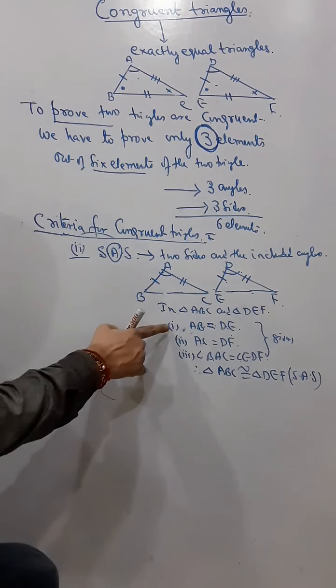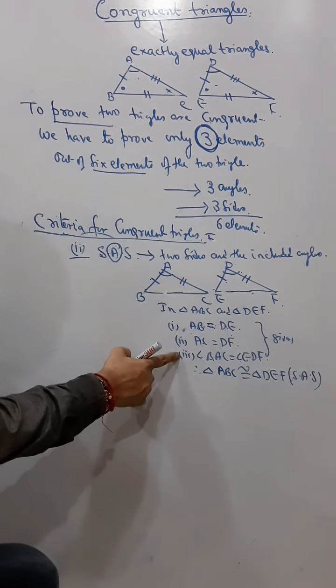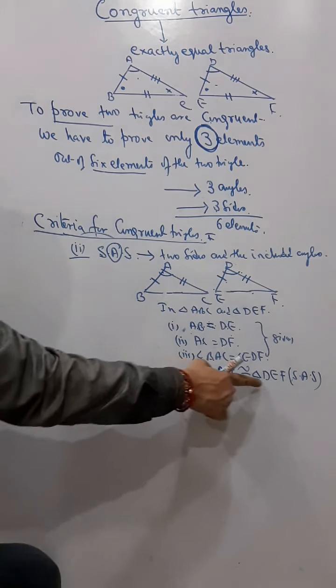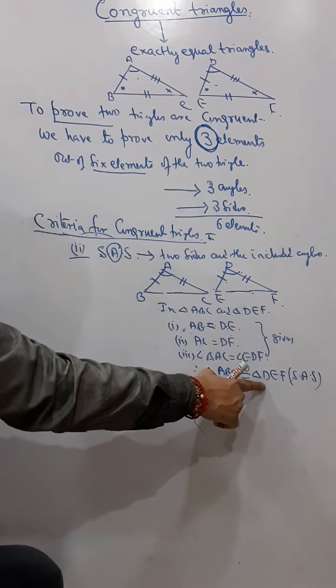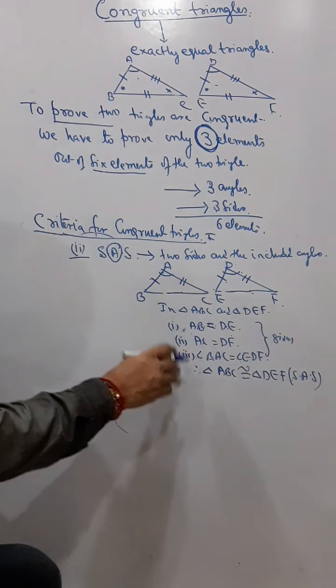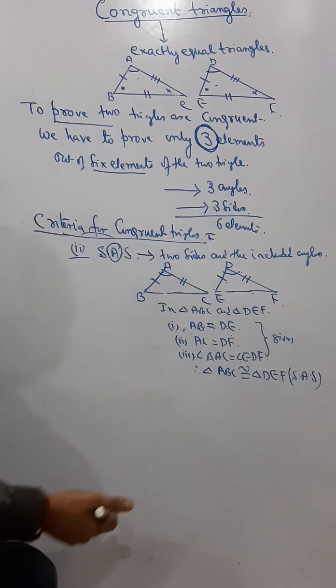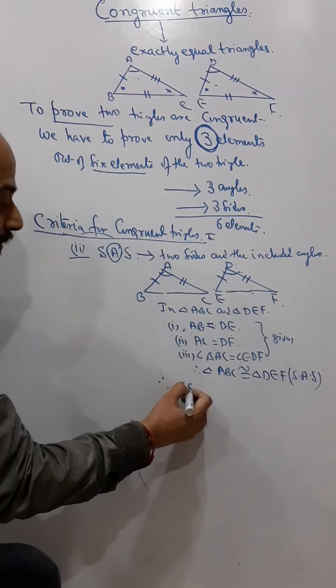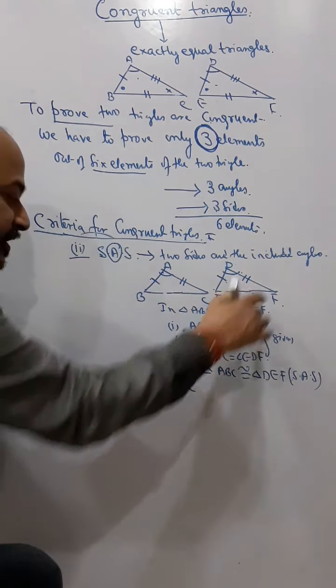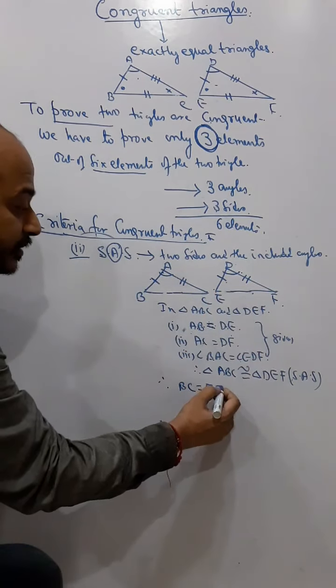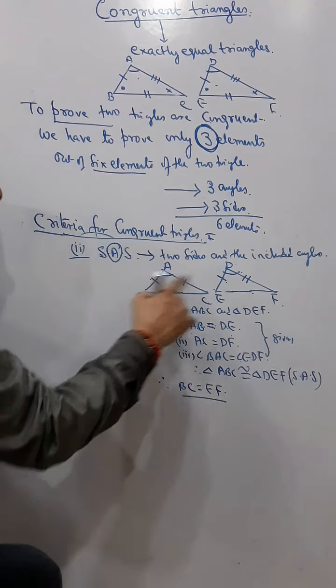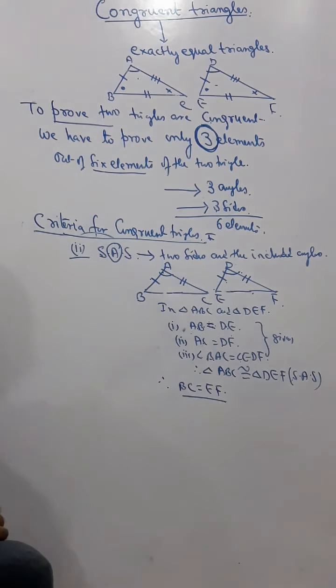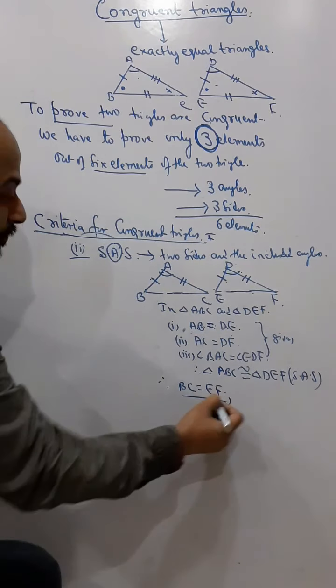Here also we have proved three elements to prove congruence, and since these two triangles are congruent, we can also say that the other three leftover elements are also equal. BC equals EF, which was not given, but since these two triangles have become congruent, we can say BC equals EF.